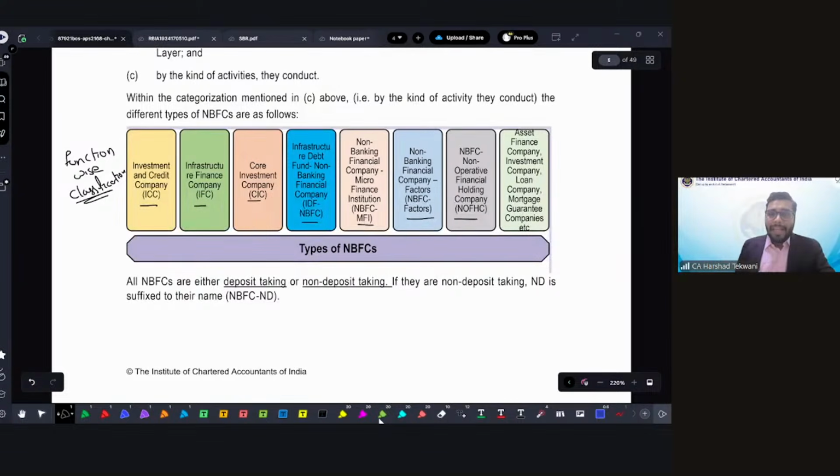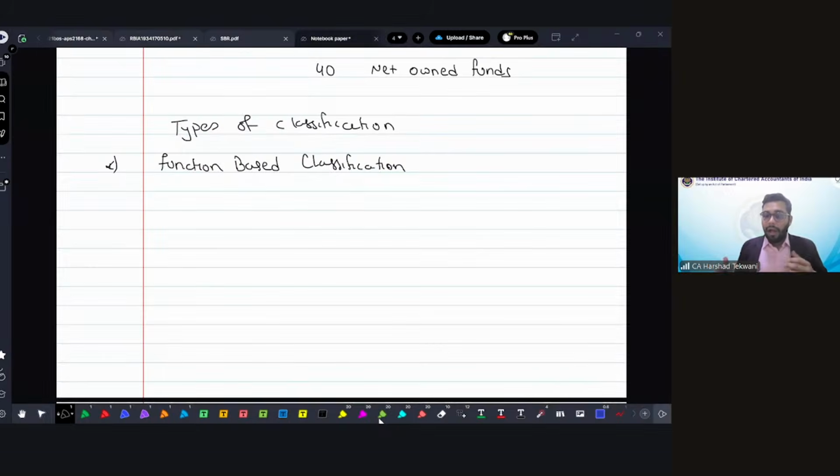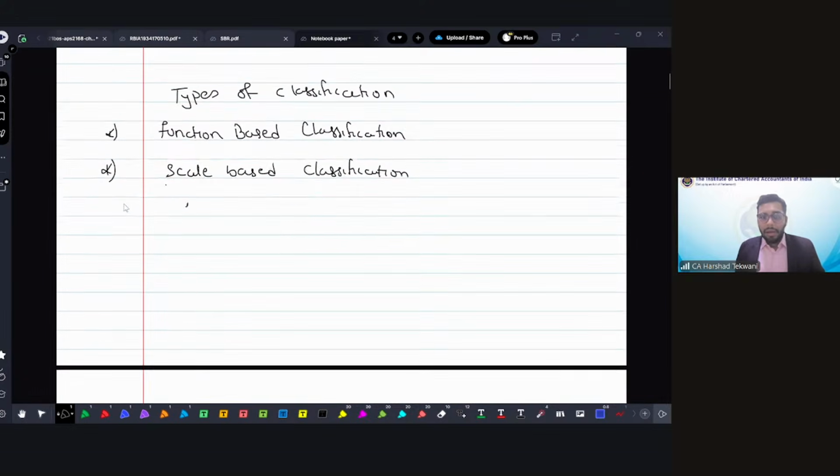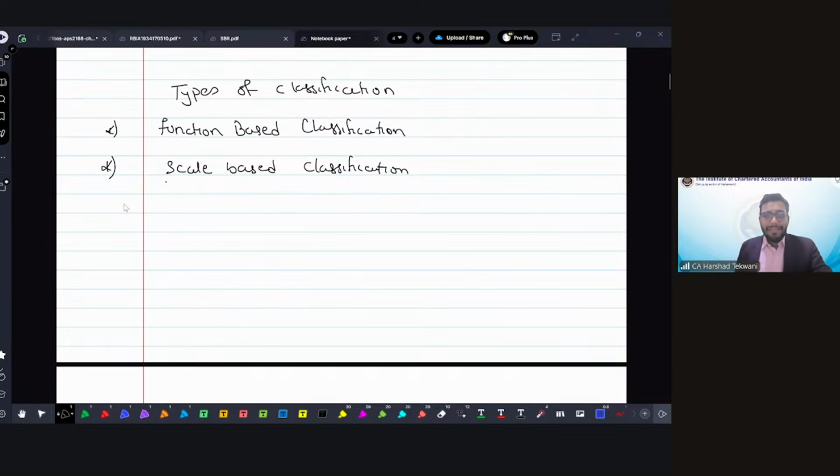Now, the second type of classification is very important. That's where our law again comes into the picture in a much more detailed way. Second is scale-based classification.